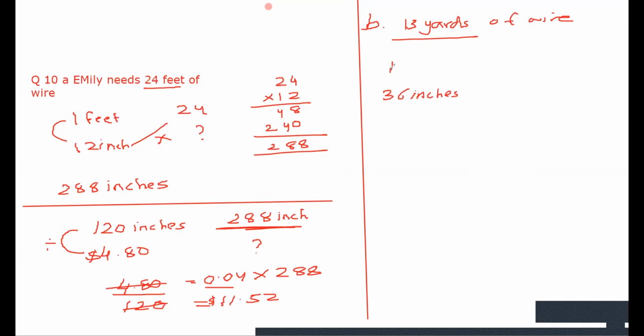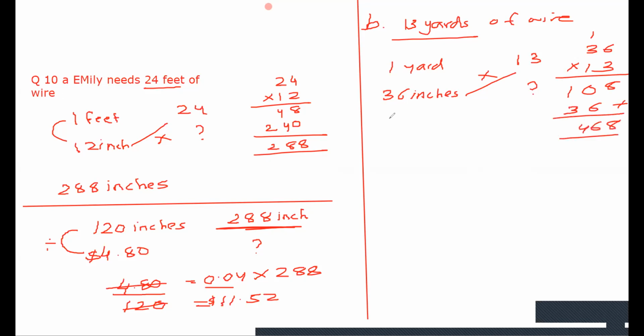You have to learn 1 yard is 36 inches. So 13 yards will be how much? I told you this side always multiply. 36 times 13, you get 468 inches.